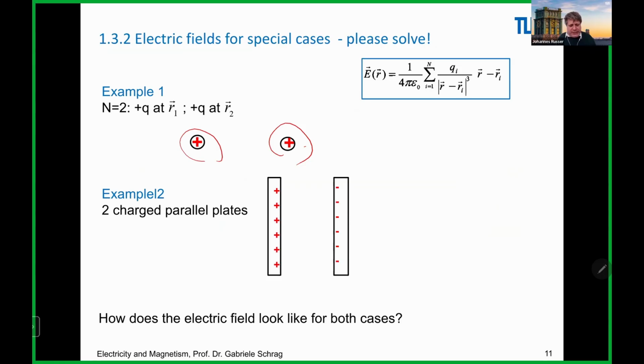How do the field lines run? Or you have here two plates where one has all positive charges and the other all negative charges. How do the field lines run for those? And also what happens if you have one charge plus and one minus? How do the field lines run? Please think about that for the next class.